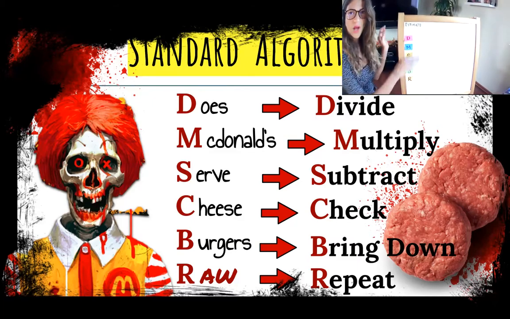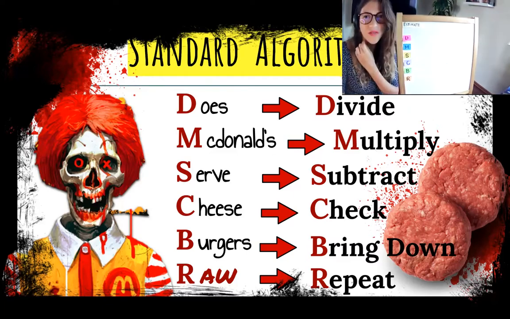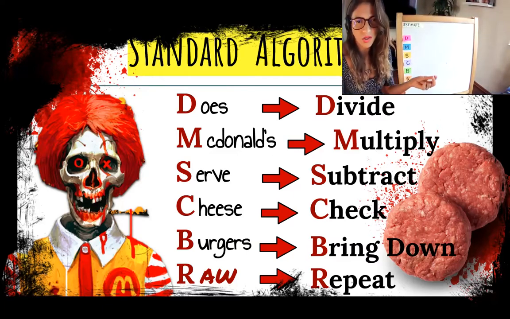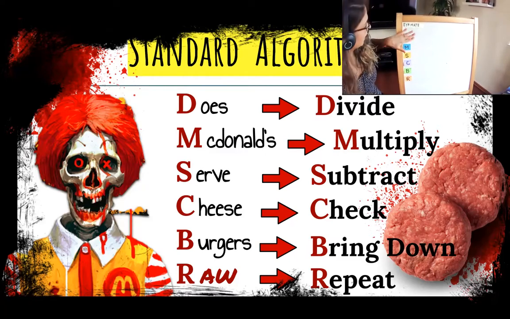And I suggest that you take all of these steps, does, McDonald's, serve, cheese, burgers, raw, D, M, S, C, B, R, and create a little key for yourself on the side of your notebook with those steps, because you're going to be using it over and over again.